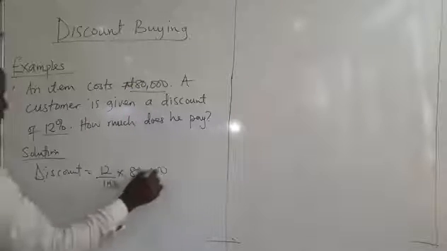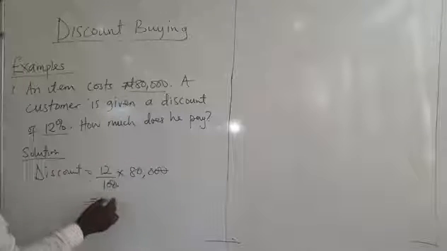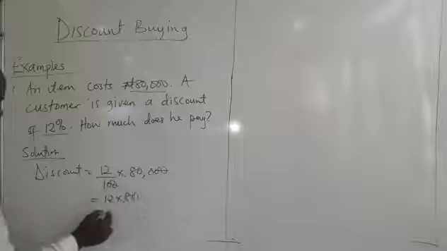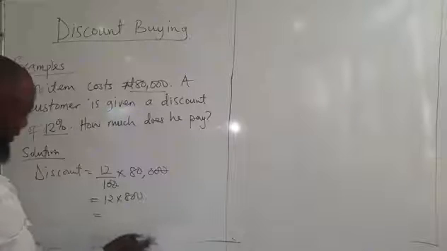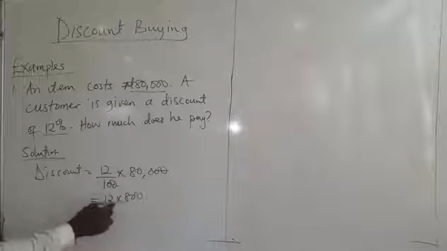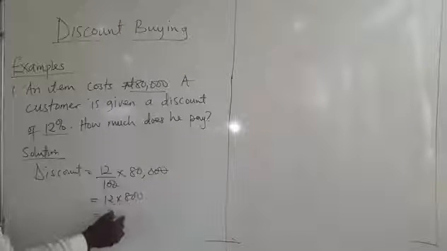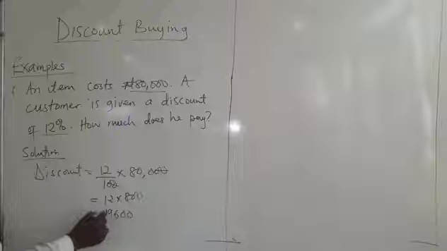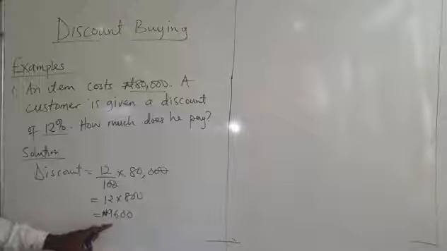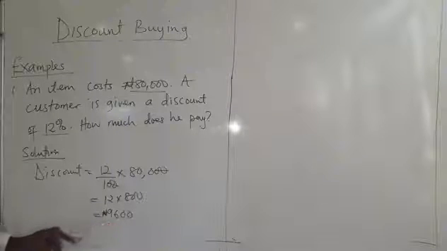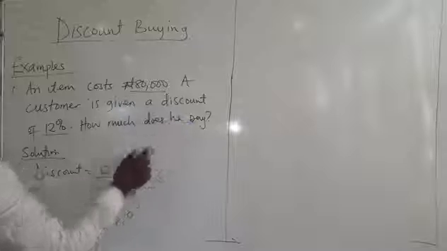We cancel the zeros, then multiply 12 by 800. 8 times 12 is 96, then add the 2 zeros. So the discount is 9,600.